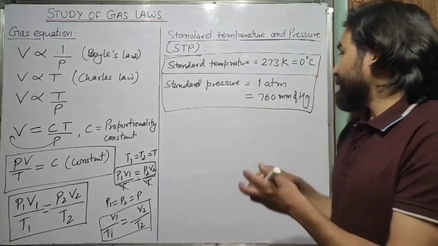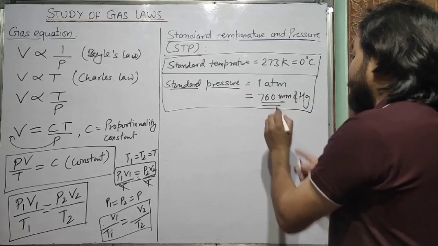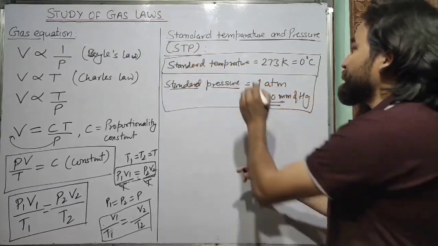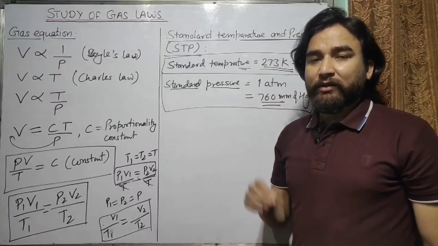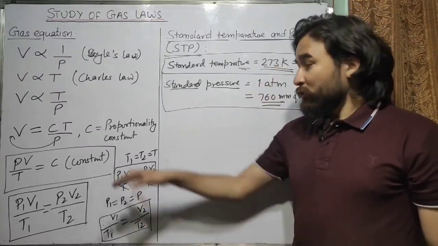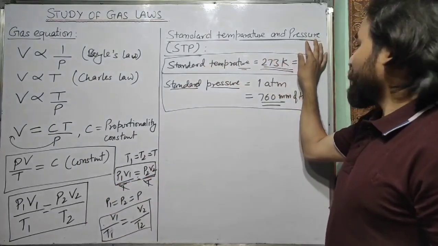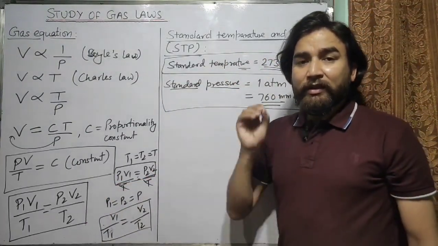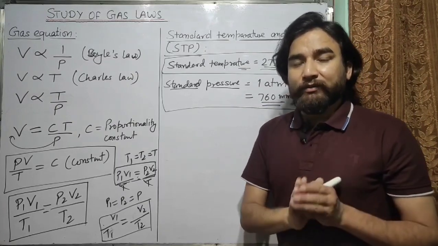If the term standard pressure comes, it means 760 mm of Hg, and if the term standard temperature comes, it means 273 Kelvin or 0 degrees Celsius. But to solve the numerical problems, we have to take the temperature in Kelvin. So you don't have to write the temperature in degrees Celsius. If the temperature is given in degrees Celsius, then you have to convert it into Kelvin.